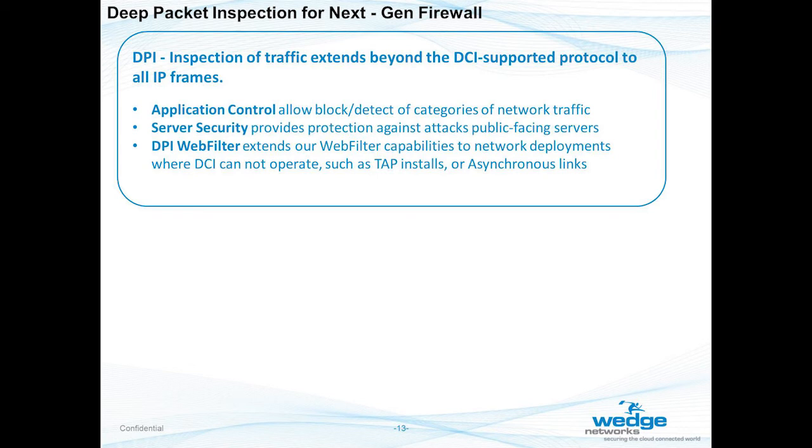We also provide server security because we recognize if you're deploying this, not only is it applicable for you as an end user of subscribers, but you can put WedgeOS also on a segment of the network where you have servers, so you can protect these servers. But in addition to that, we have also provided a web filtering component in our deep packet inspection that can provide and enforce acceptable use policies and acceptable web usage on the network.